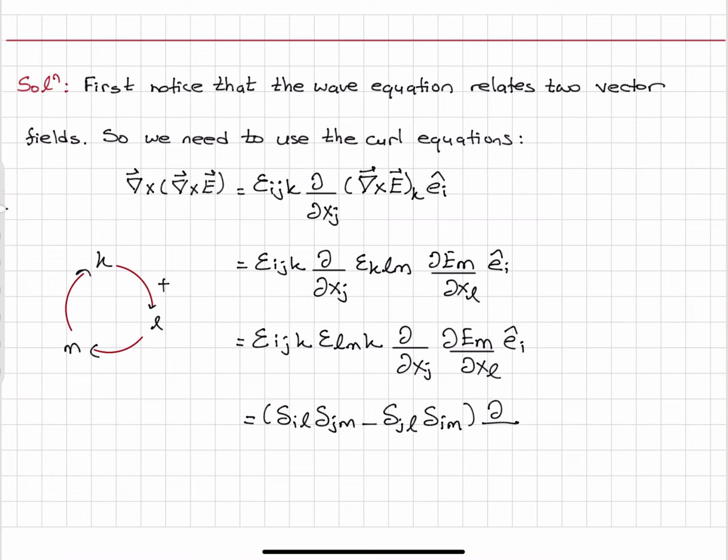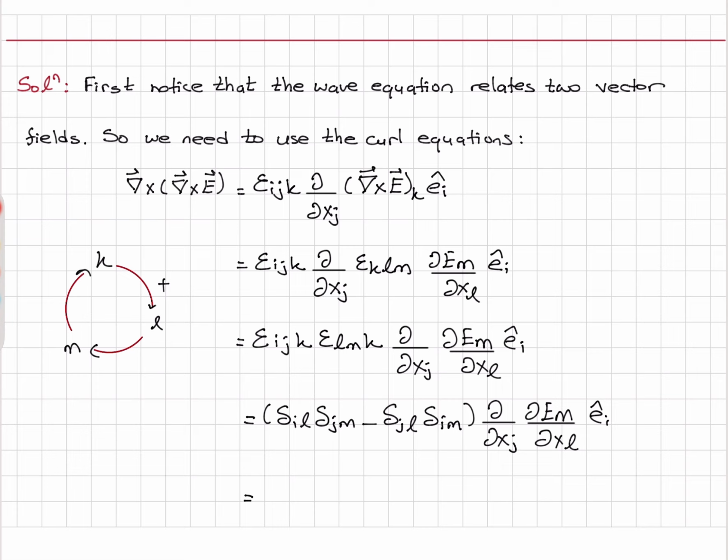Then I have del xj, del em, del xl in ei hat direction. And Kronecker delta tells me that I have to set j equals m and l equals i.